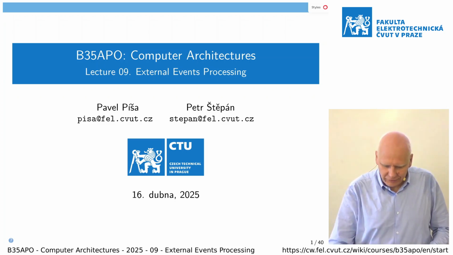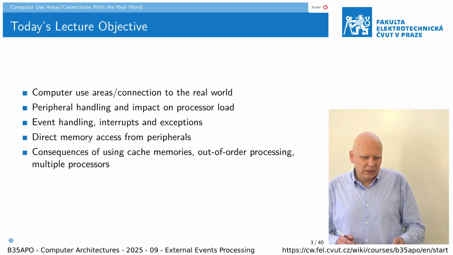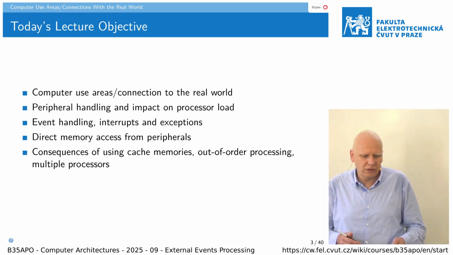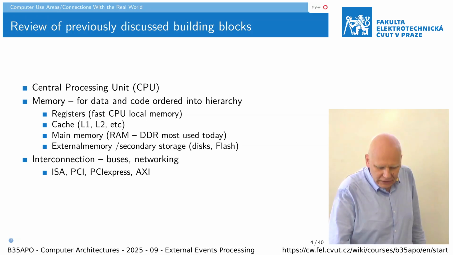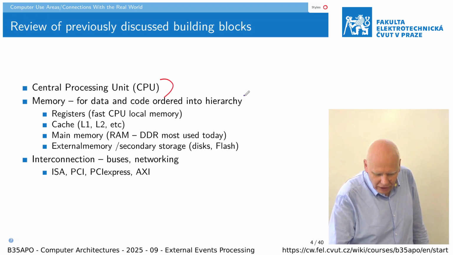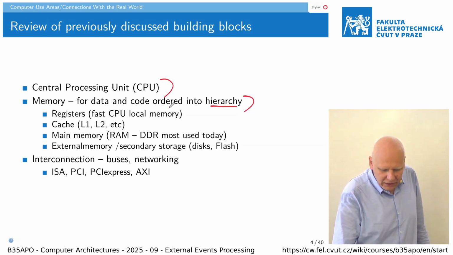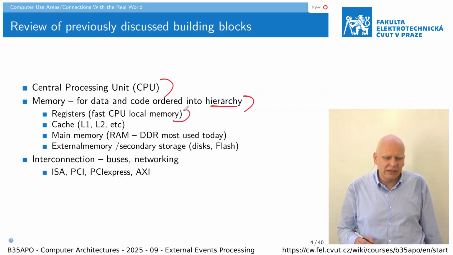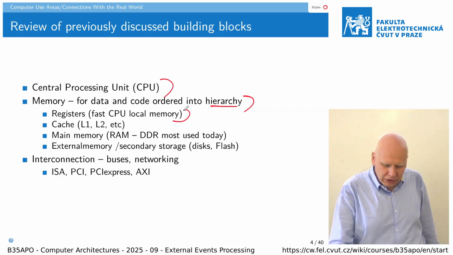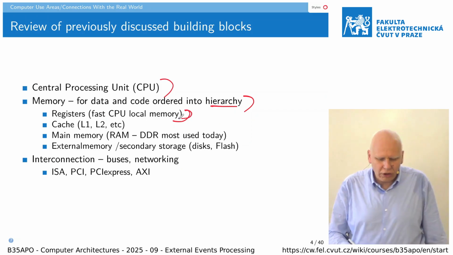So we have seen during the past lectures that we have some building blocks which allow us to build the computer, and this consists of a central processing unit and memory, which is ordered into a hierarchy. The fastest memory are the registers, which are tightly coupled to the actual processor and under the control of your code.